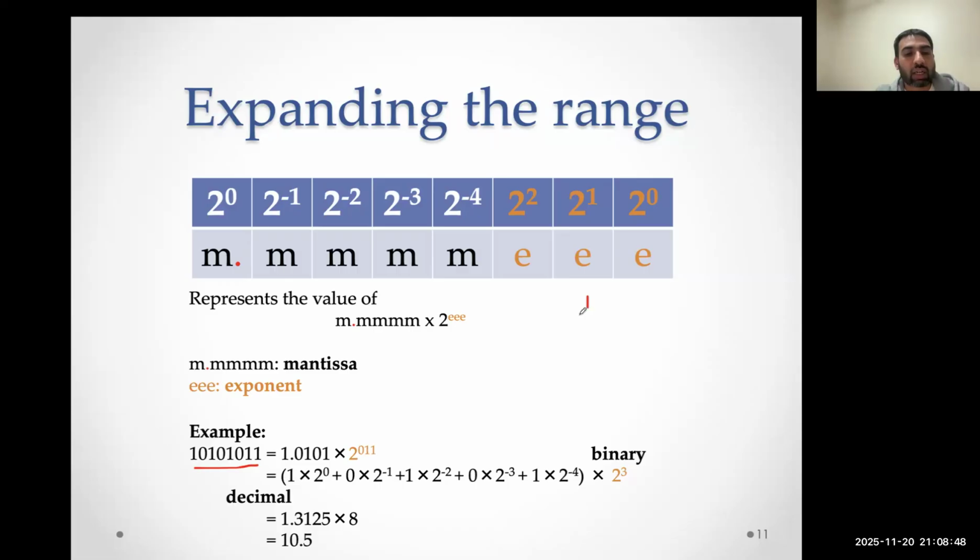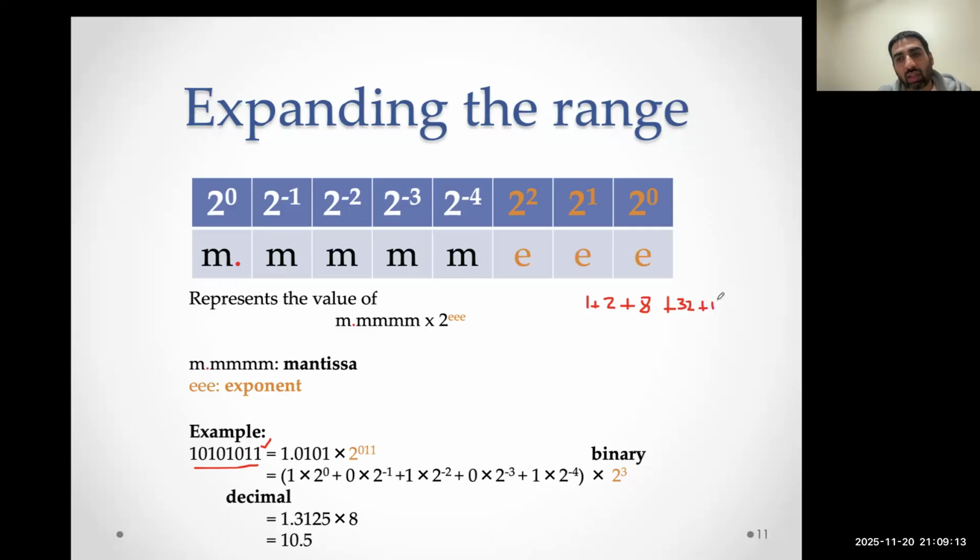If I consider it as unsigned, I am writing weights from this side: 1, 2, 4 is 0, 8, 16 is 0, 32, 64, and 128.